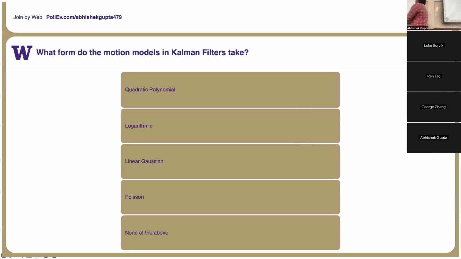So let's start with our quiz. What form did the motion models in Kalman filters take? The options are quadratic polynomial, logarithmic, linear Gaussian, Poisson, none of the above.